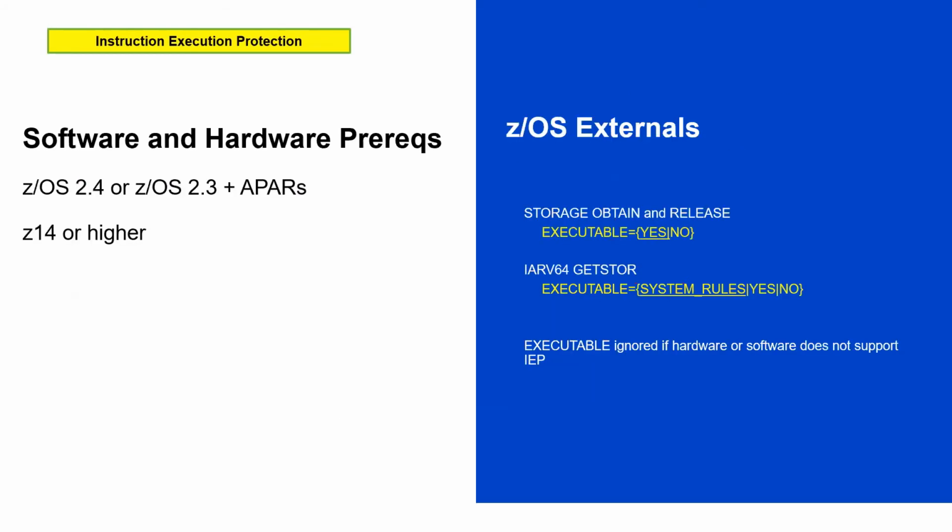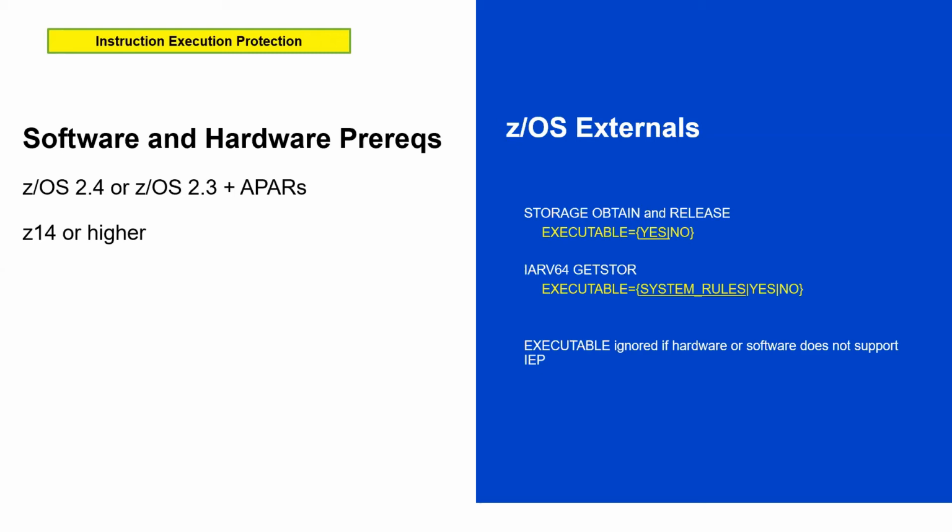So in the z14, there was the capability to separate out data from program and prevent execution on non-executable storage. This requires either z/OS 2.4, or 2.3 plus some APARs.